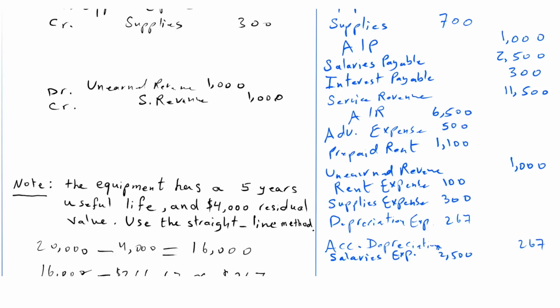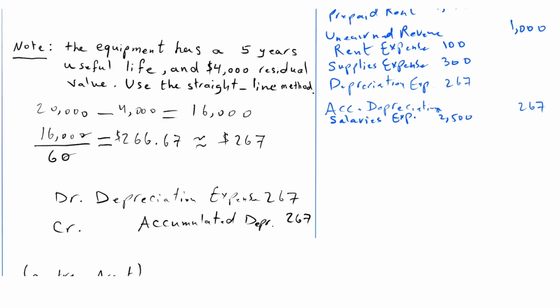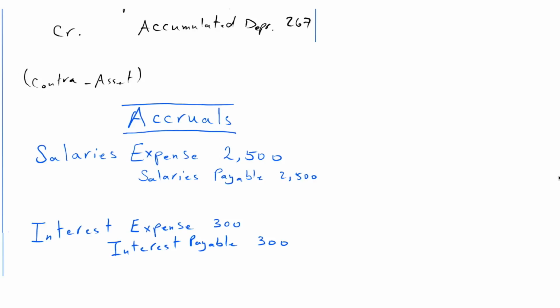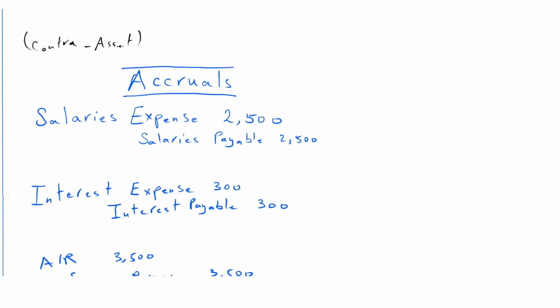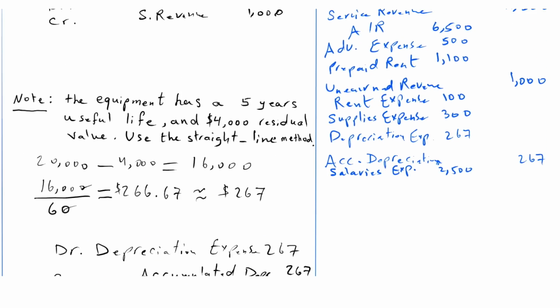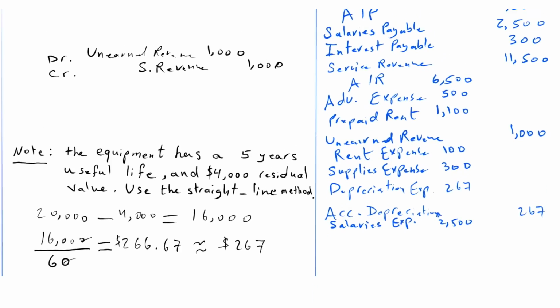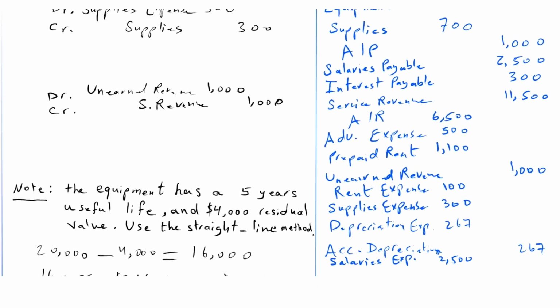And then the salaries payable, we already did that. Interest expense is the last one that we still have to record. Interest expense for $300.